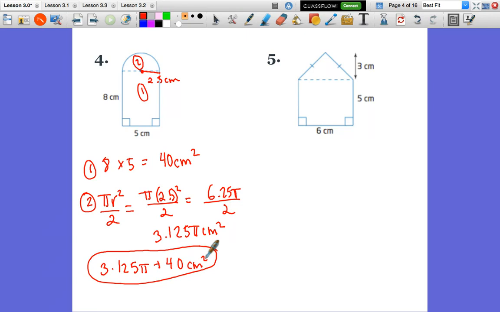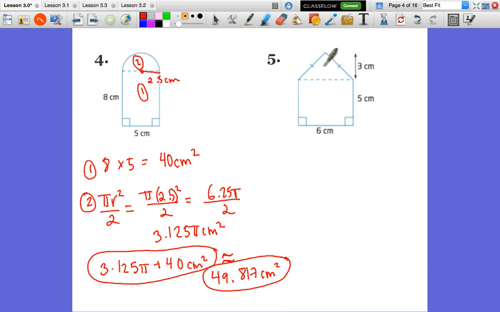So 3.125 times pi, please do not use 3.14, use the pi button. And then plus 40. Remember, order of operations, you're going to have to multiply first. This is approximately 49.817 centimeters squared. So if you are going to be rounding, please round to 3 decimal places.